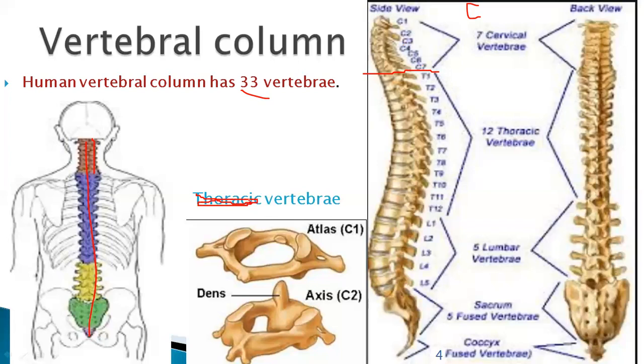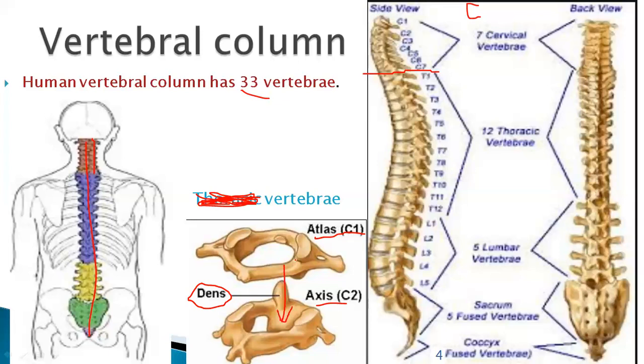If we see the cervical vertebrae, we can see here 2 main vertebrae, C1 and C2. C1 is called the atlas and C2 is called the axis. In the axis there is a structure called the dens, and on this axis, the atlas is fitted.